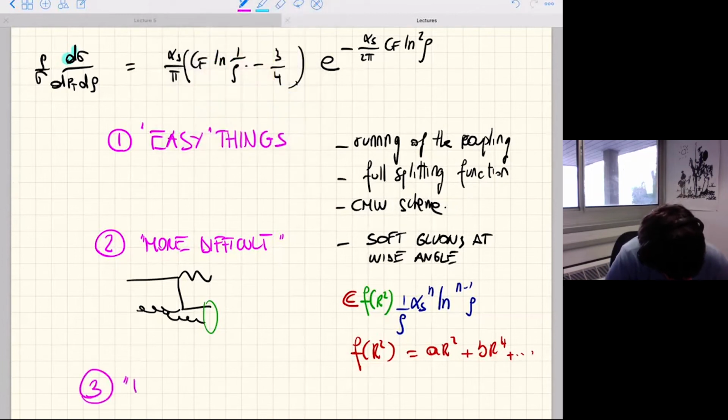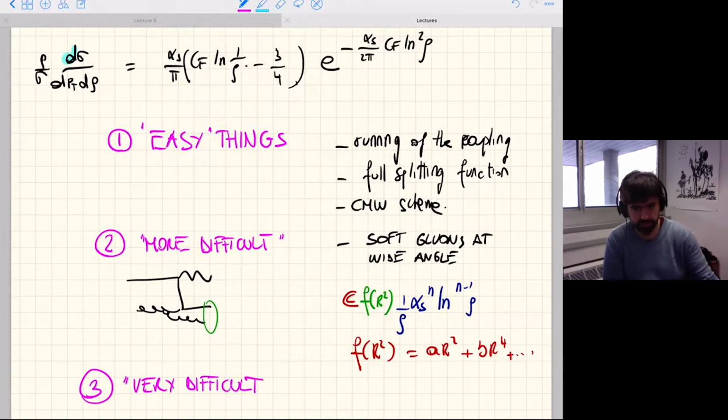And last but not least, we also have very difficult things. And here there are two categories of difficult things, very difficult things. And they all have to do with the fact that at higher order we can have more emissions that combine in a non-trivial way.